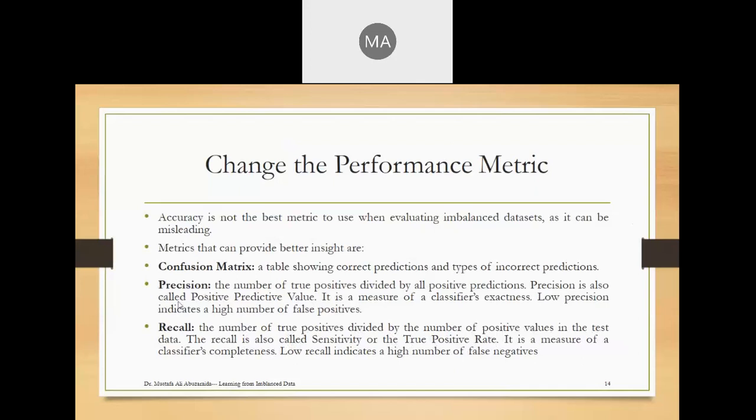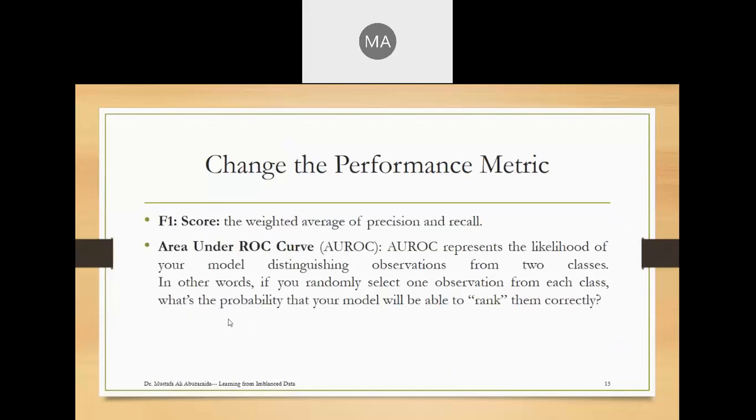We also have the F1 score, the average between precision and recall. Also, we have the area under the curve, which represents the likelihood of your model distinguishing observations from two classes. In other words, if you randomly select one observation from each class, what's the probability that your model will be able to rank them correctly?